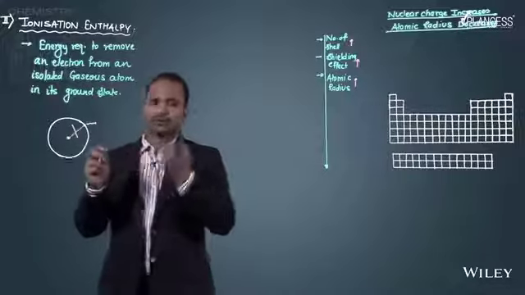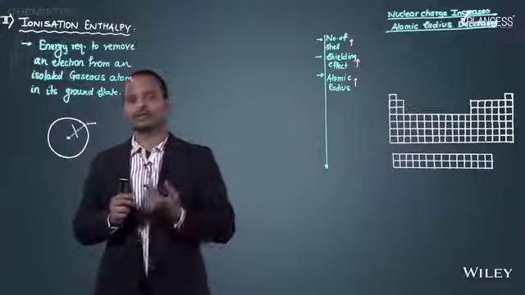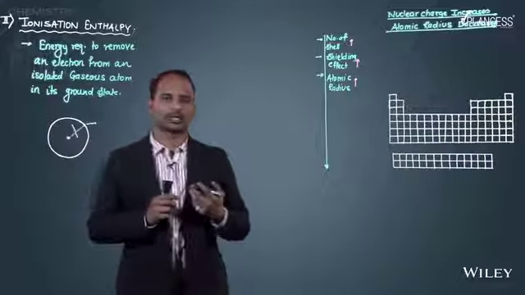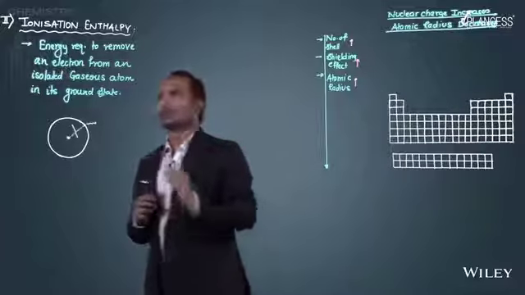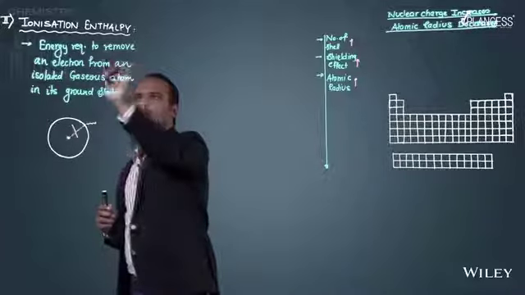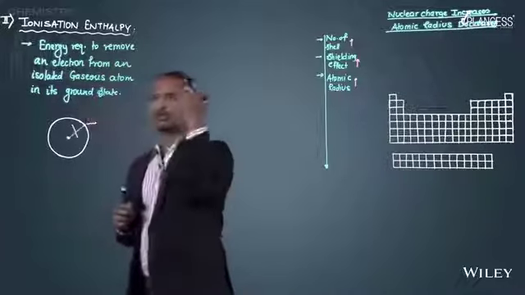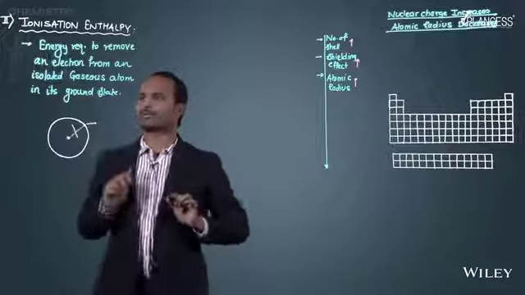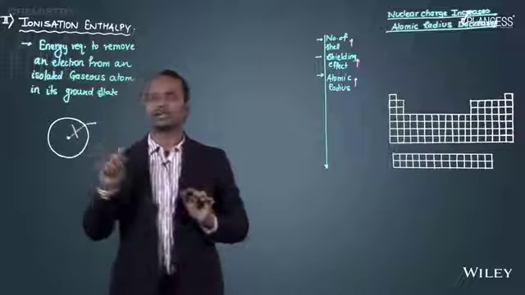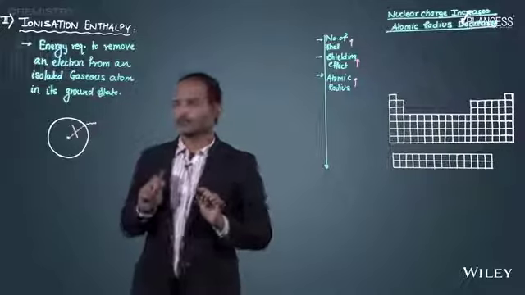Whatever energy is absorbed by the electron to come out of the shell is called ionization enthalpy. So it is the energy required to remove an electron from an isolated gaseous atom in its ground state.